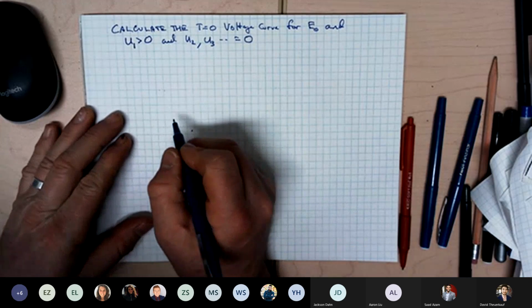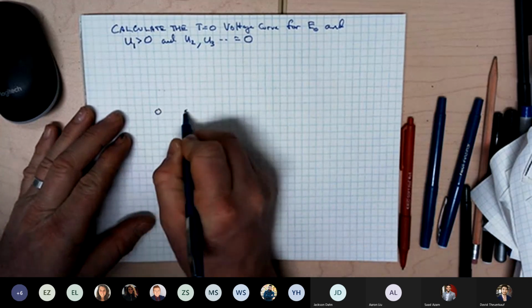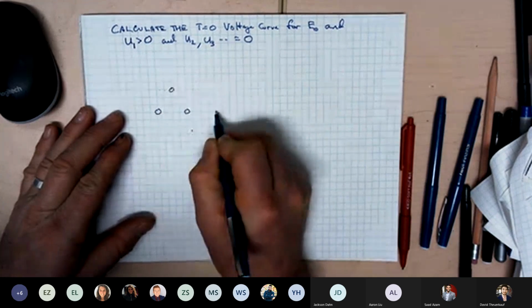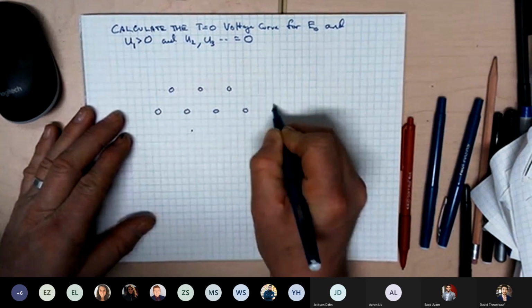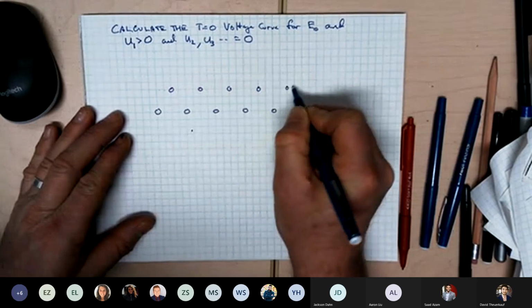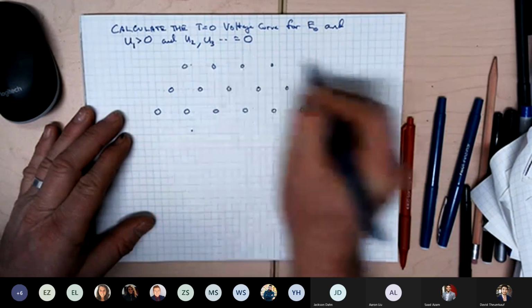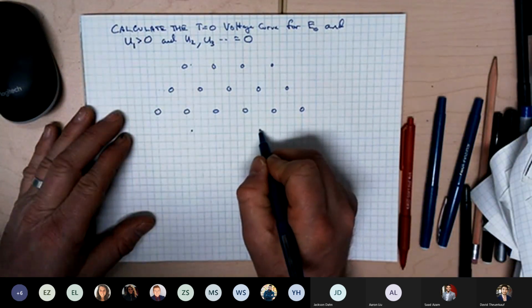So let's go ahead and try to do this. So again, we write down our triangular lattice of sites. Need another row, I guess.